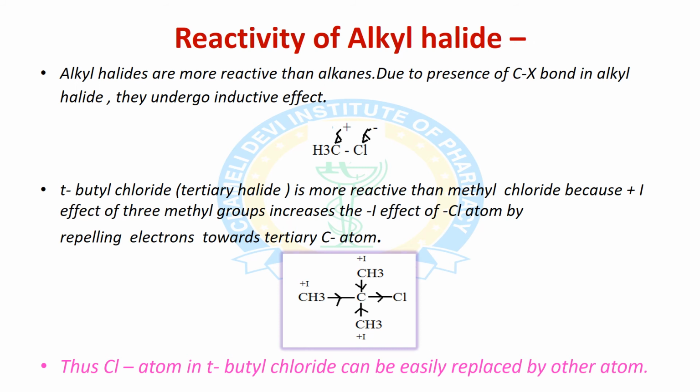Thus the chlorine atom in tertiary butyl chloride can be easily replaced by another atom, as it undergoes a substitution kind of reaction. So the reactivity of alkyl halides can be explained on the basis of inductive effects.